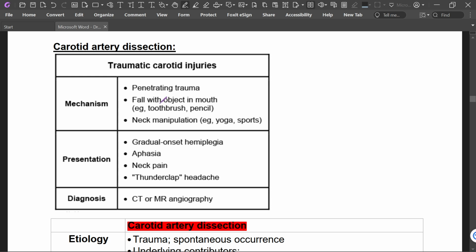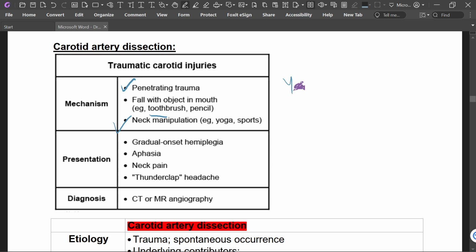Carotid artery dissection, CAD. There may be three mechanisms of it happening. It may be due to penetrating trauma, a fall with an object in your mouth, like you fall with a toothbrush or a pencil in your mouth, and neck manipulation.